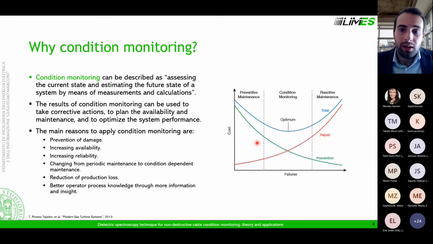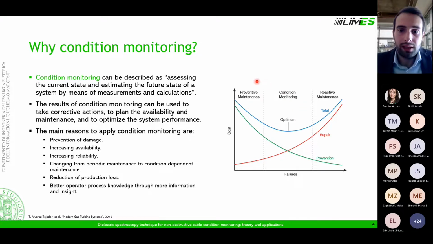I will describe the importance of condition monitoring through the graph you can see on the right-hand side of the slide, which relates the number of failures of the system and the cost of the actions, both preventive and repairing actions. This graph is divided into 3 sections.